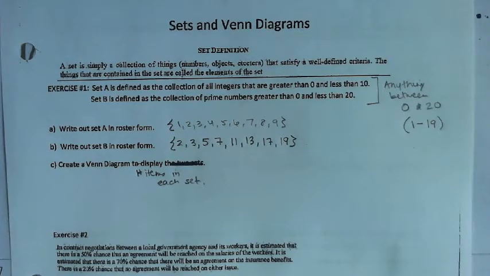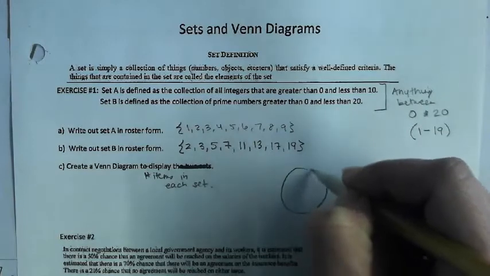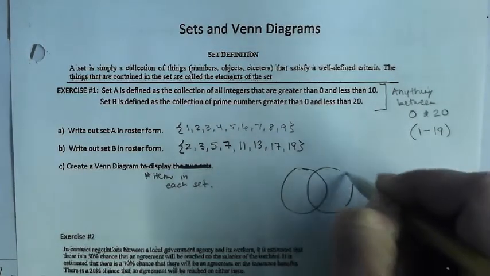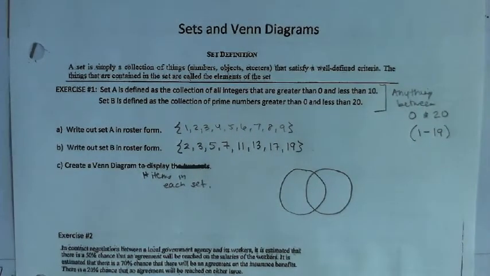Between two. Right, the two different things in our case are set A and set B. And there's going to be some commonality, and then there's going to be some differences. And that comes in the form of two circles that overlap each other.